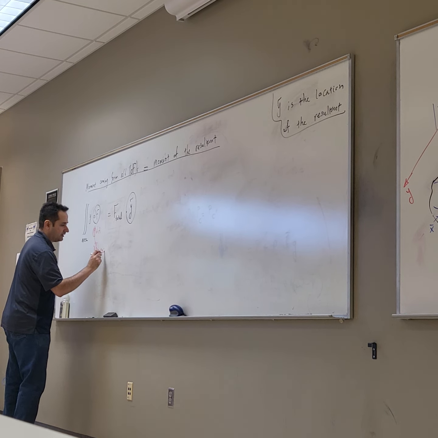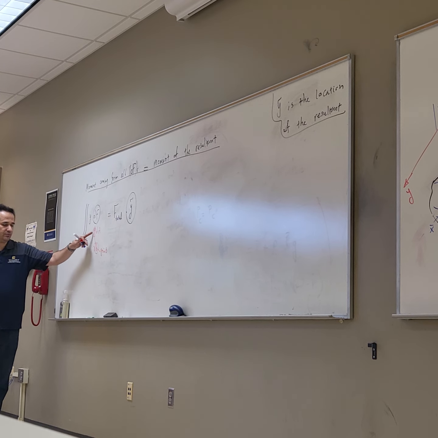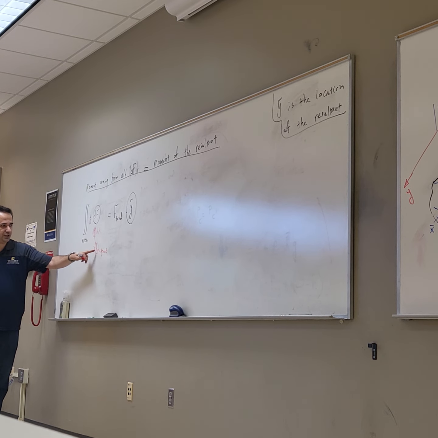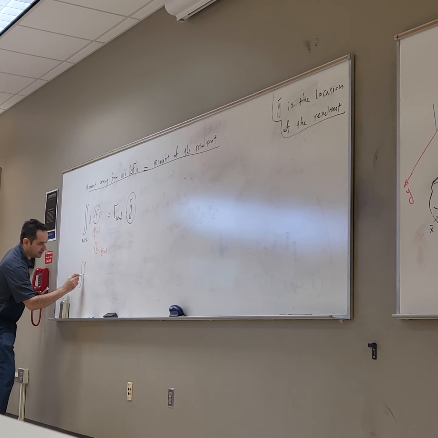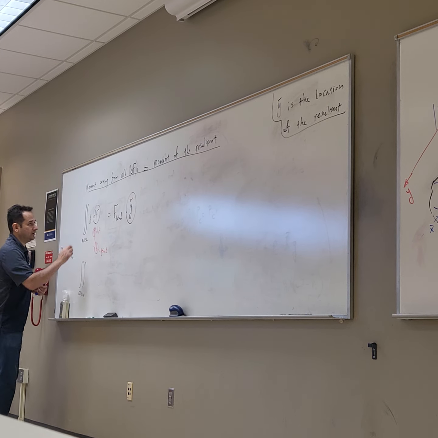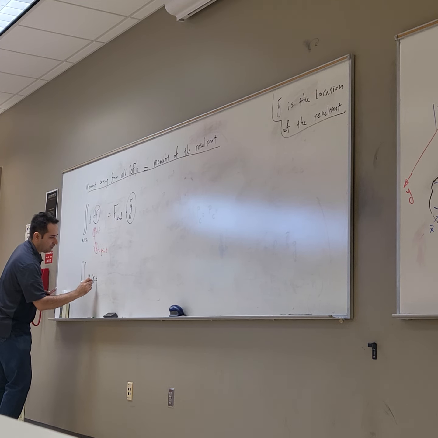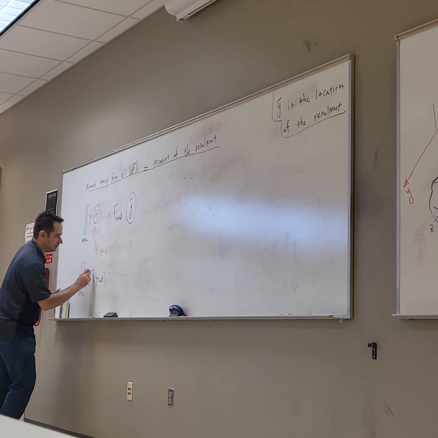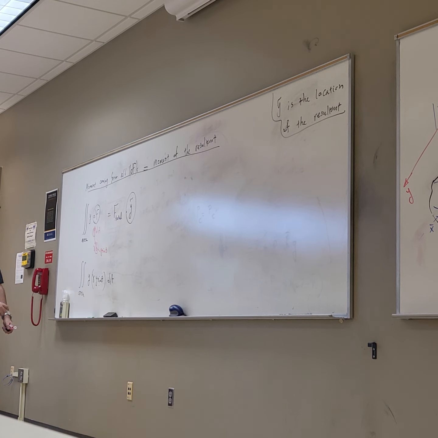So F is equal to PA, P is equal to rho g h or gamma h, and h equals y sine theta. If you fully expand that, the left hand side is the integral over area of y times gamma y sine theta times dA. So that's the left hand side.